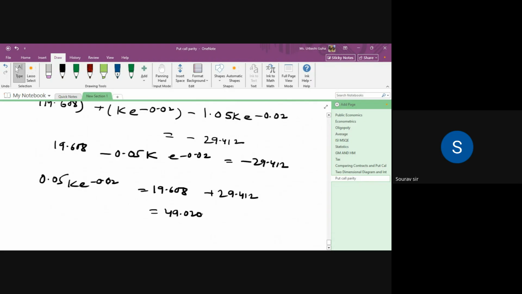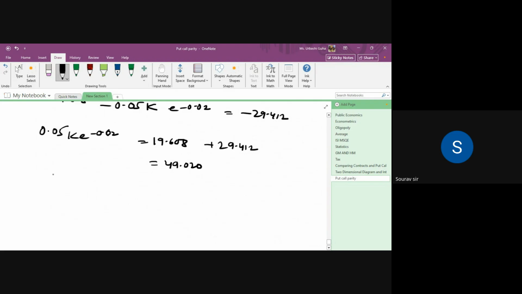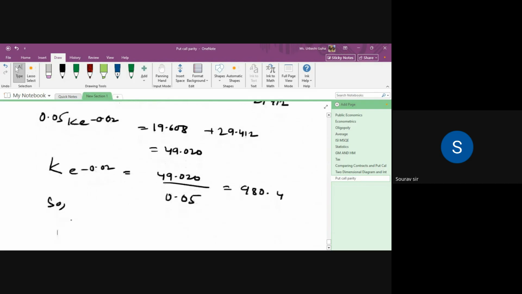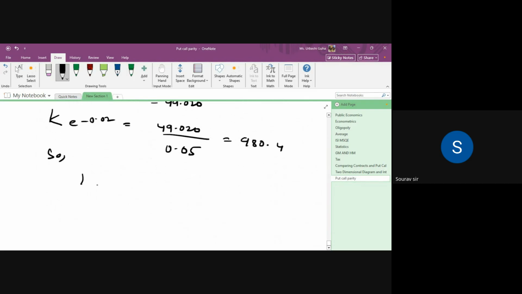Zero to zero. So equals 9.020 by 0.05. That is 980.4. So K is equal to 9.02.